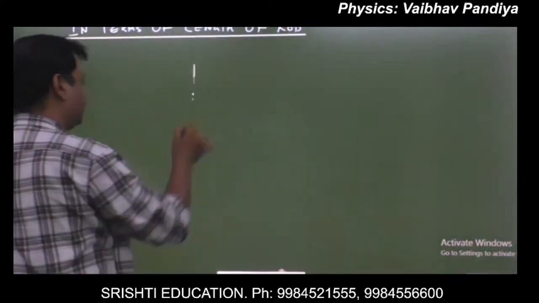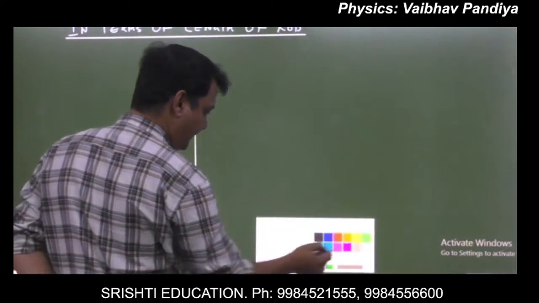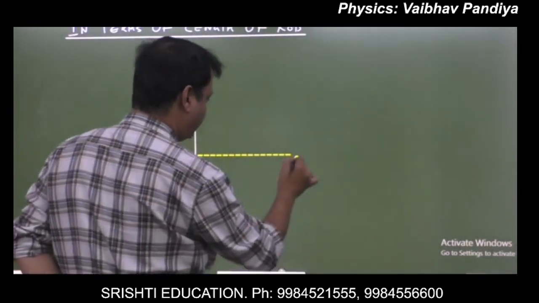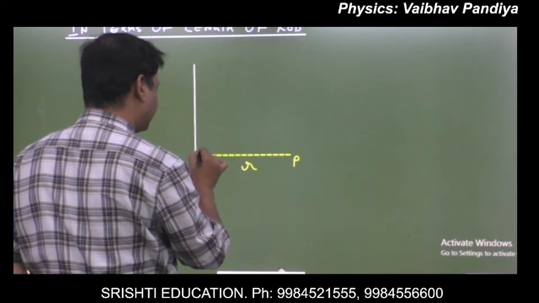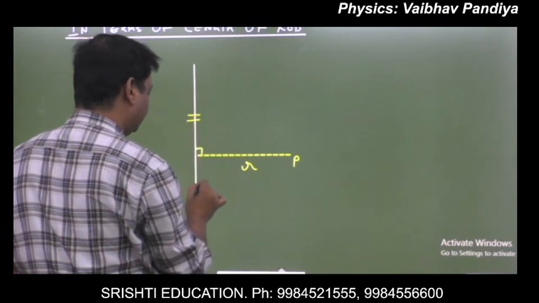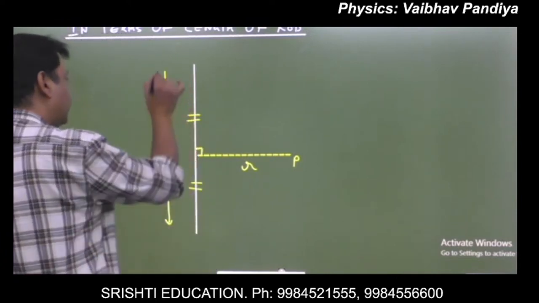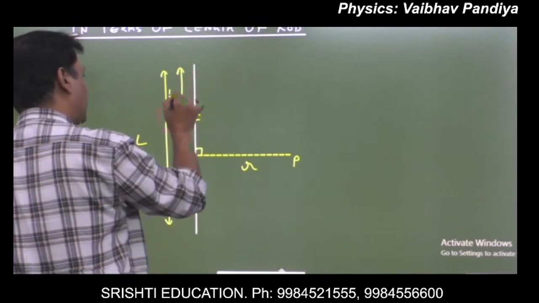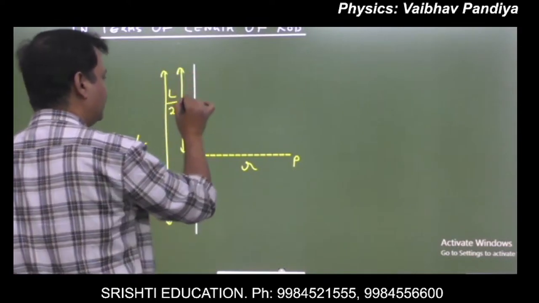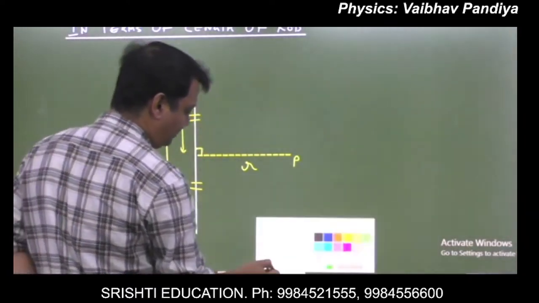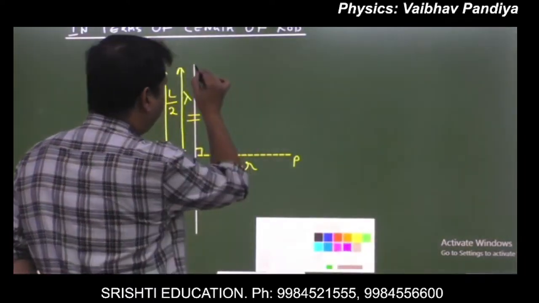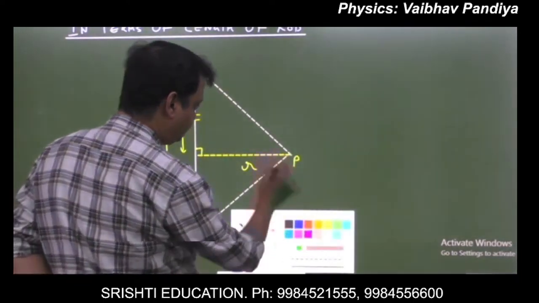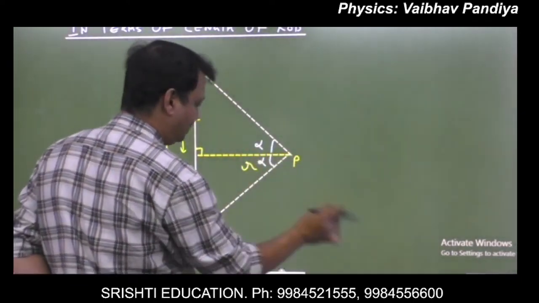So suppose this is the rod, this is the point P, this is perpendicular distance R, and both these lengths are equal, and this length is L. So of course this will be L by 2, and this will also be L by 2, and say linear charge density is lambda. So these angles will be equal. Both angles will be alpha, alpha.